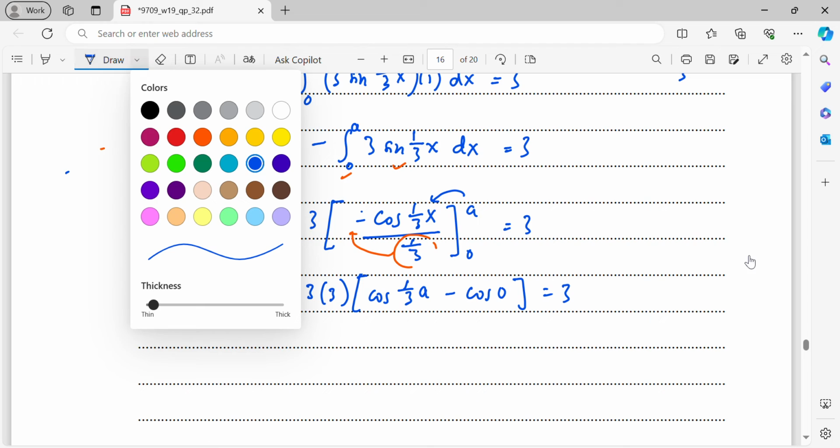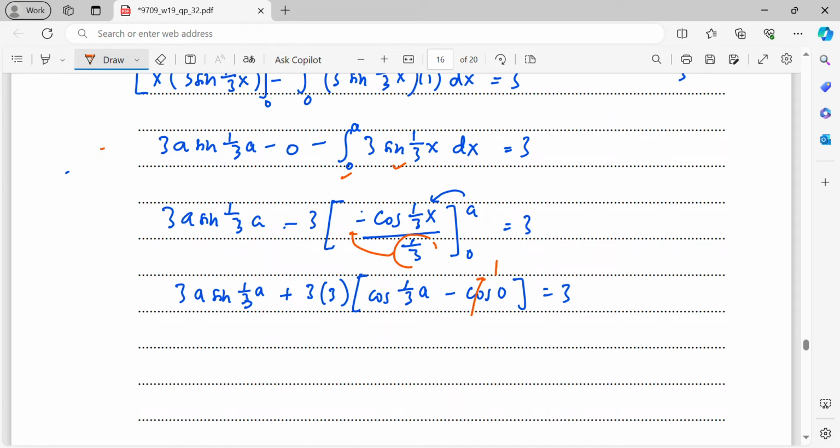So for your information, cos 0 is 1. Okay, this is 9. So you just need to times into the bracket. So I will get 3a sine 1 over 3a plus 9 cos 1 over 3a. Then 9 times minus 1 is minus 9 and equals to 3.